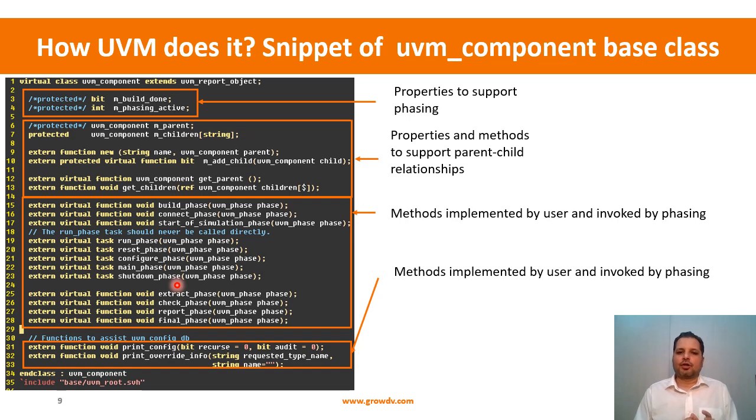Okay, we will look into more details about the phasing aspect. Don't worry about it too much. What I want you to notice over here is how, for each of the functionalities that it is going to provide, it's predefining some functions and some additional properties, and utilizing all of them to provide the functionality that it promises, right? So for example, with the UVM component, when we look at it in more detail, you will see that it helps you establish a hierarchy within the testbench, right?